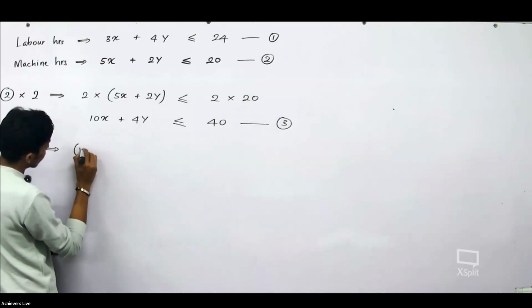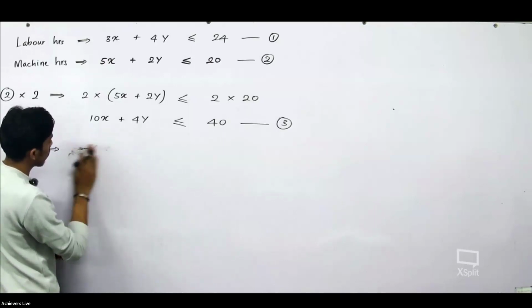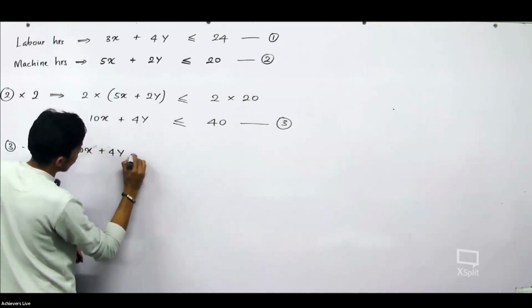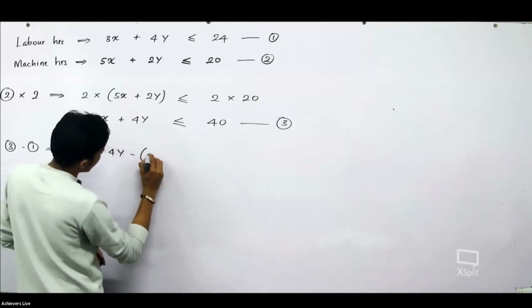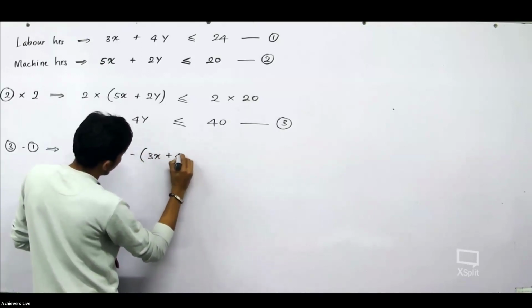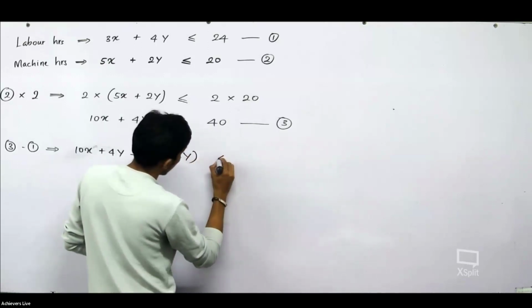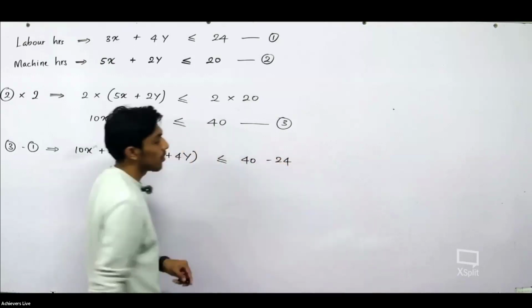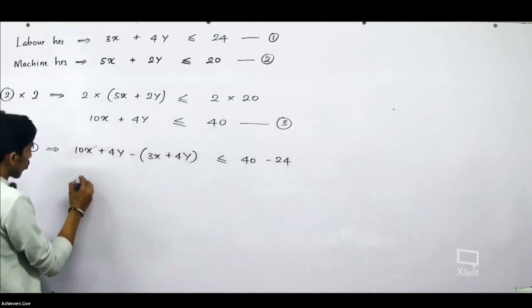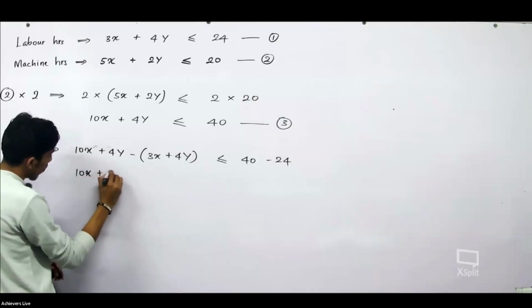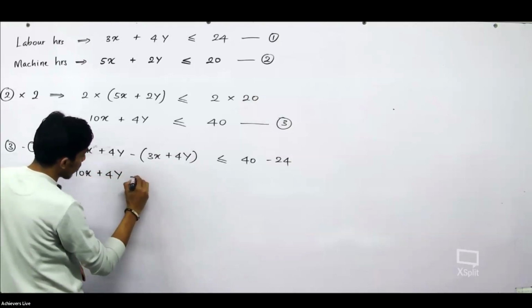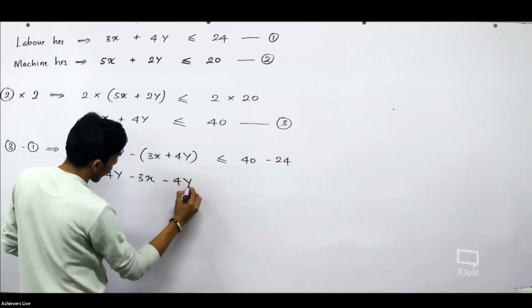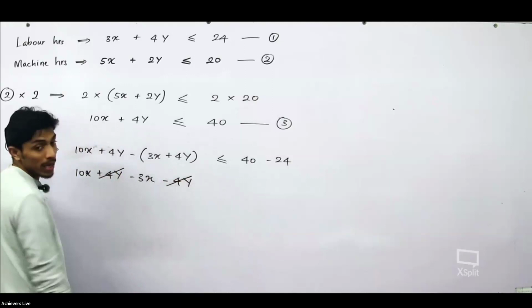So 10x plus 4y minus 3x plus 4y equal or less than 40 minus 24. So 10x minus 3x, it will be 7x, and plus 4y minus 4y will be eliminated.